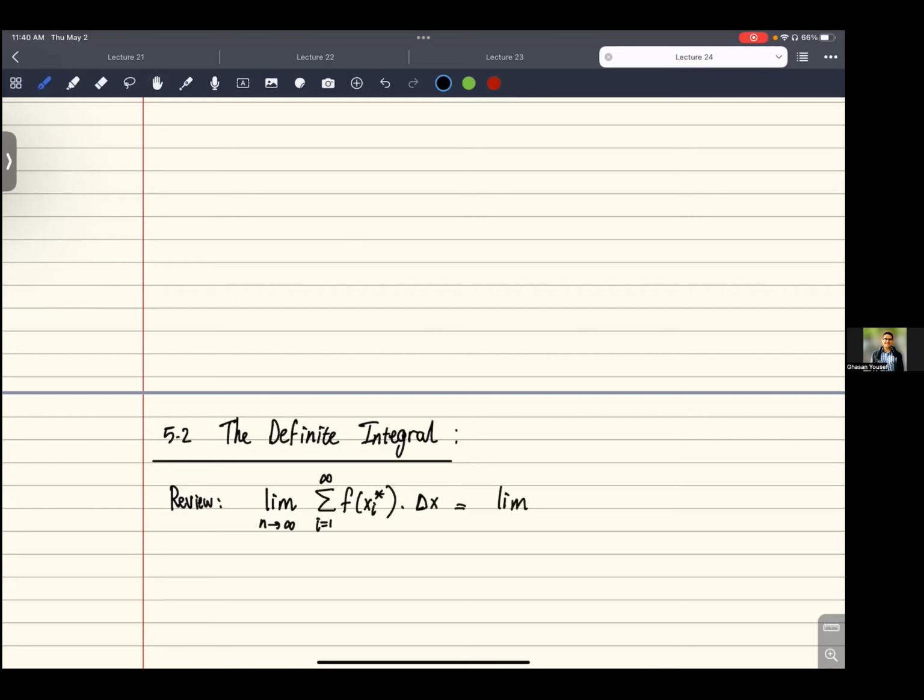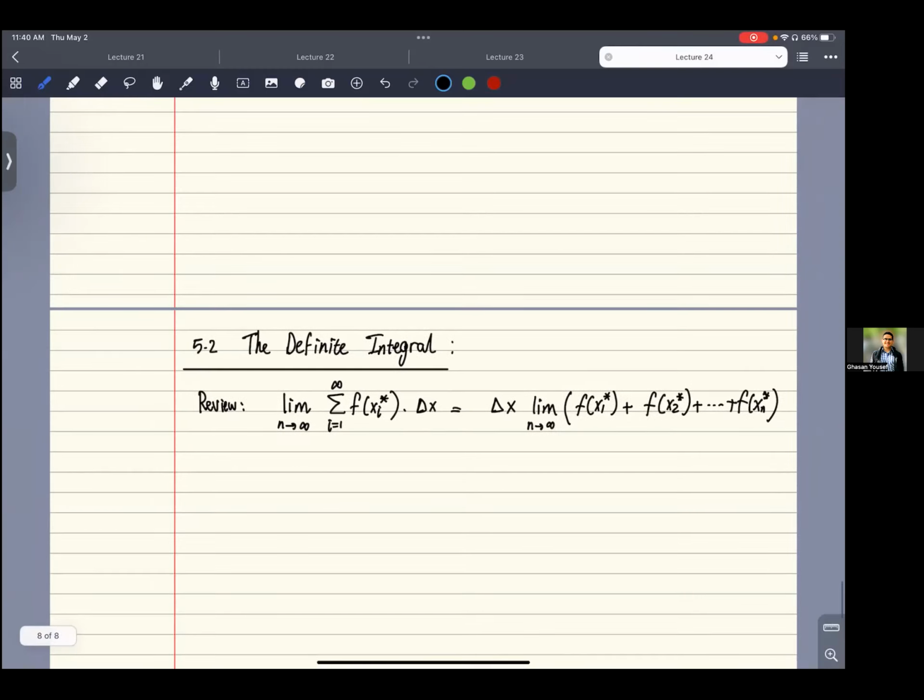Here I can take the delta x outside the limit. It is the same as delta x times the limit of f of x_1 star plus f of x_2 star plus dot dot dot up to f of x_n star, when n goes to infinity. This is the same as the previous section.